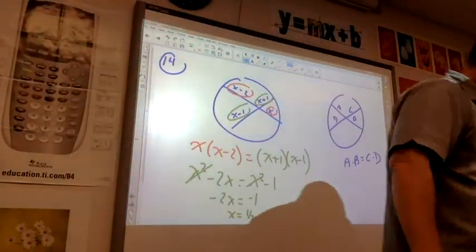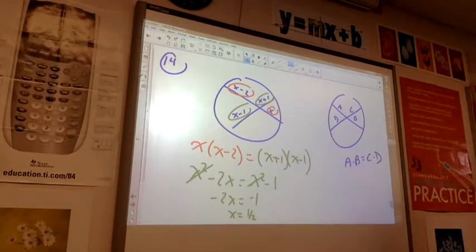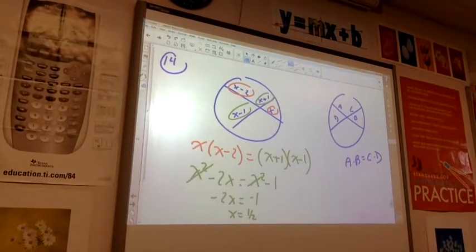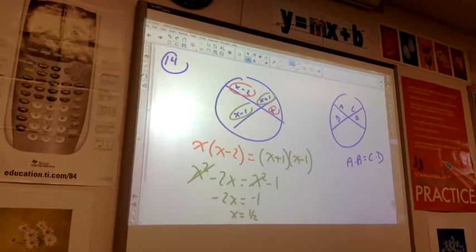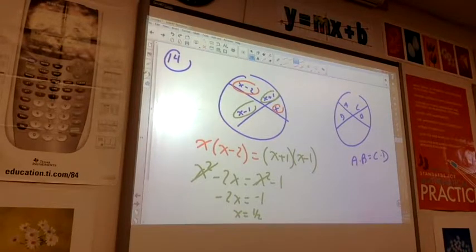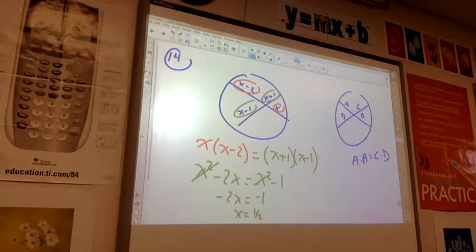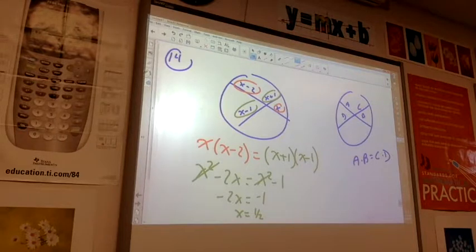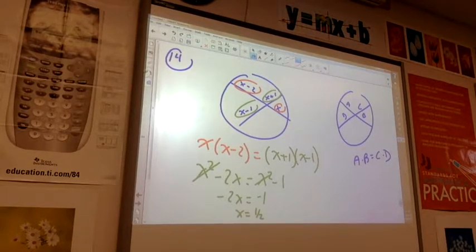Get that? Anything else from review number 4? I think this is for review too, but like the ones that you have to find x and the angles.